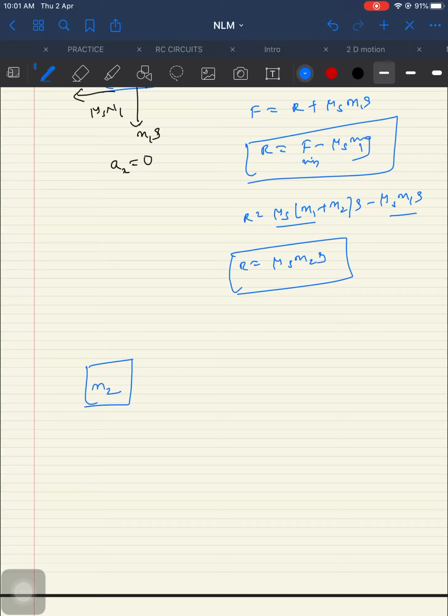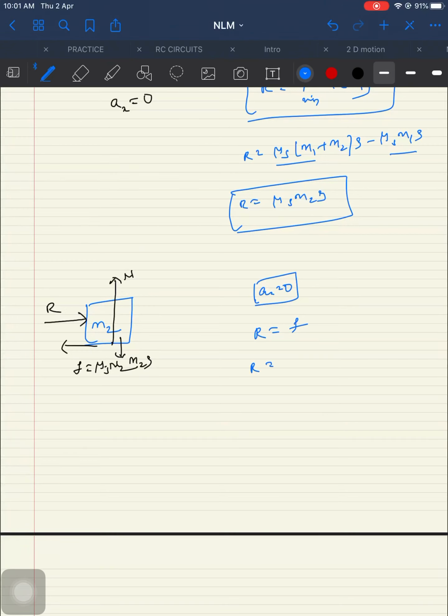If we take its free body diagram, the friction is acting in the backward direction, equal to mu s into n2. The reactive force R is acting in the right direction, the normal is upward, and m2g is downward. Now let's solve this equation. Acceleration is 0, so the right side force must be equal to the left side force. R is equal to mu s into n2, which is mu s into m2 g.